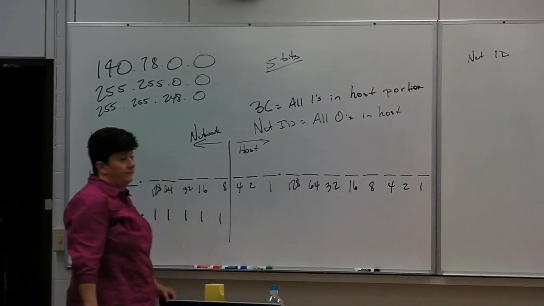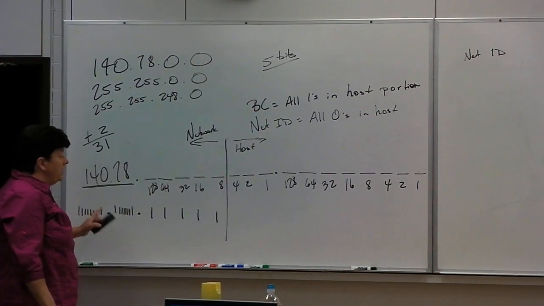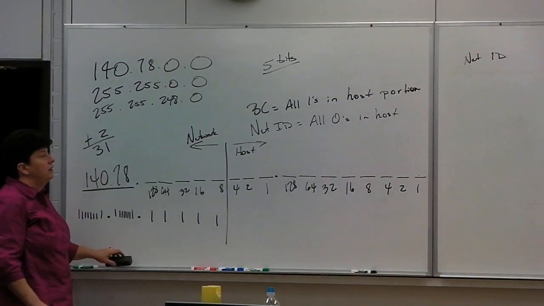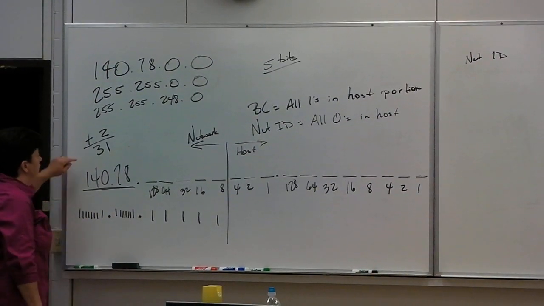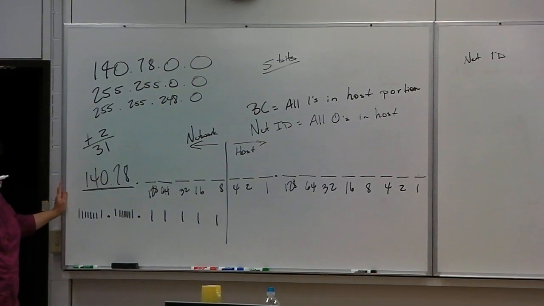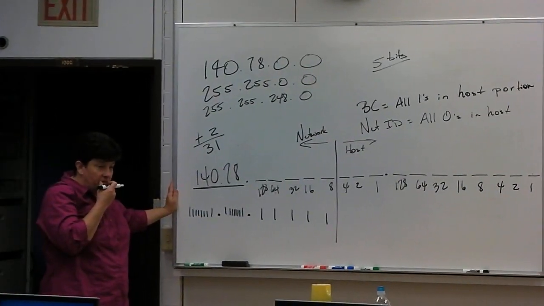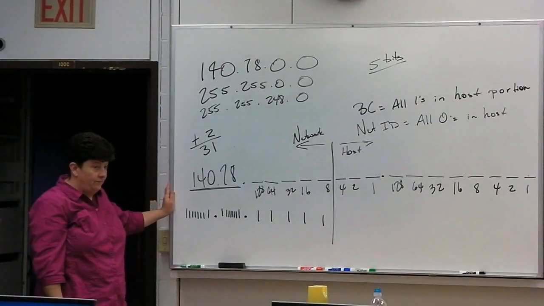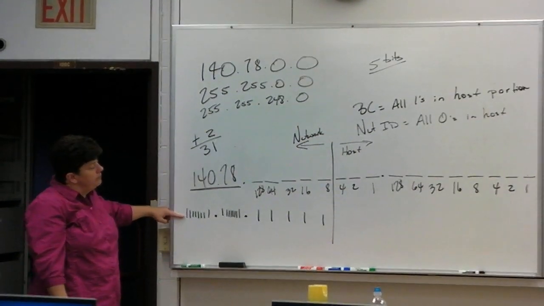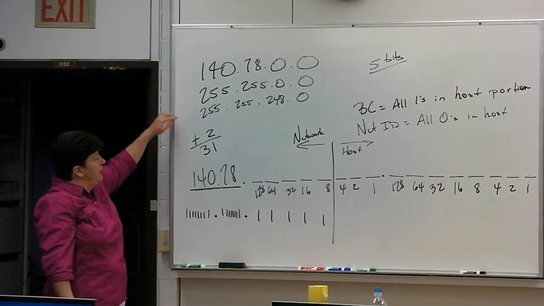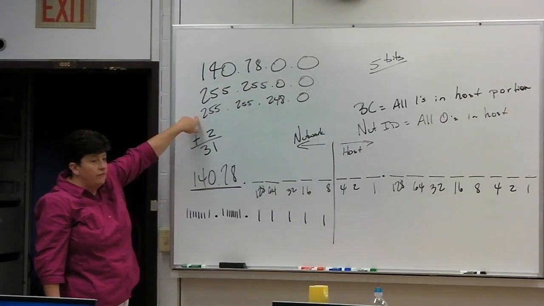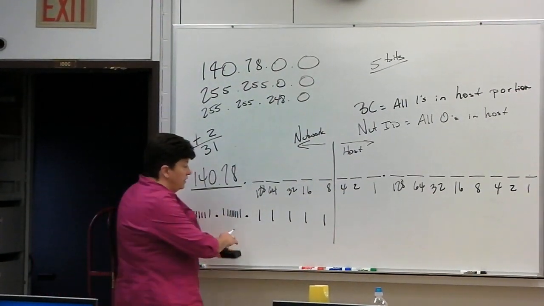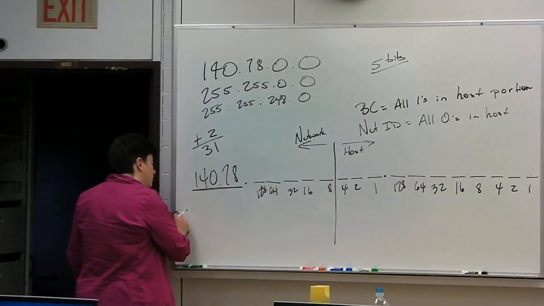All right? We just created at least 31 networks, just by moving that line. We calculated our new subnet mask, which is now 255.255.248. So I'm getting it out of my way.